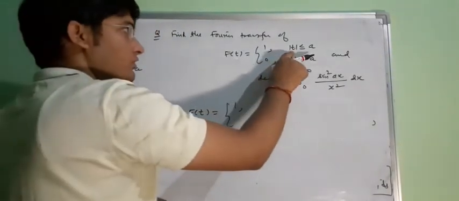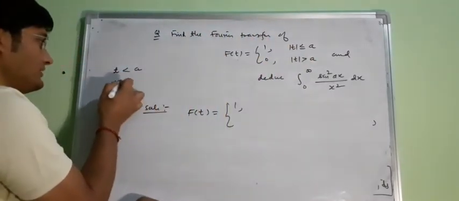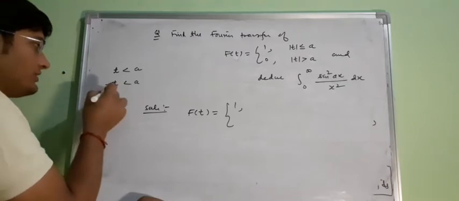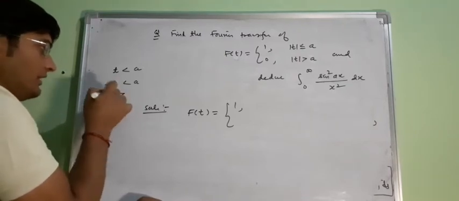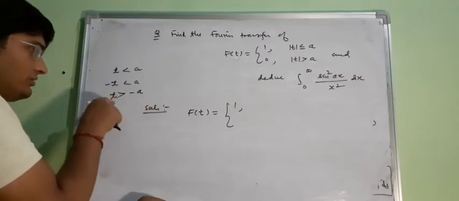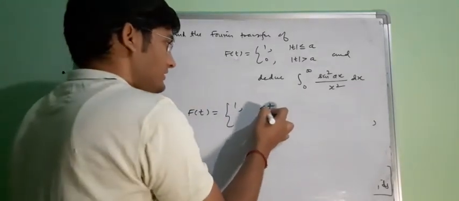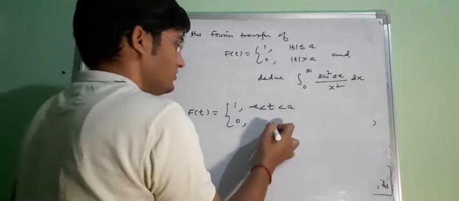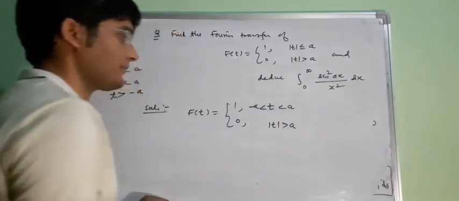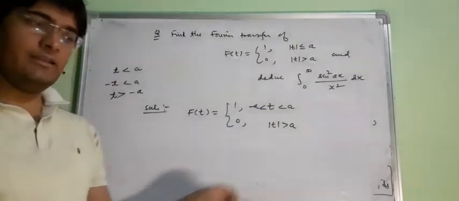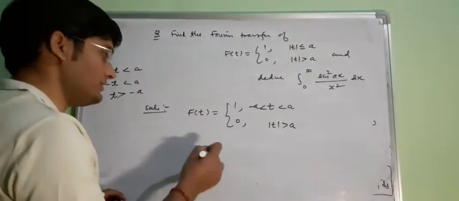Now if |t| = -t, then we have -t < a, and if you multiply by the minus sign on both sides, this becomes t > -a. So our t is greater than -a and less than +a, and for the second case it is 0 whenever |t| is greater than a. So that means our f(t) is 1 for t between -a and +a.